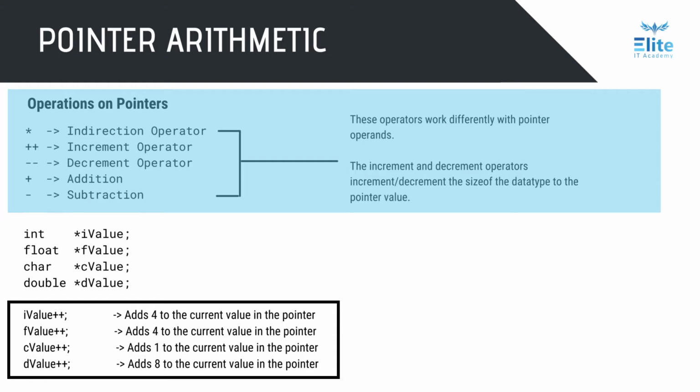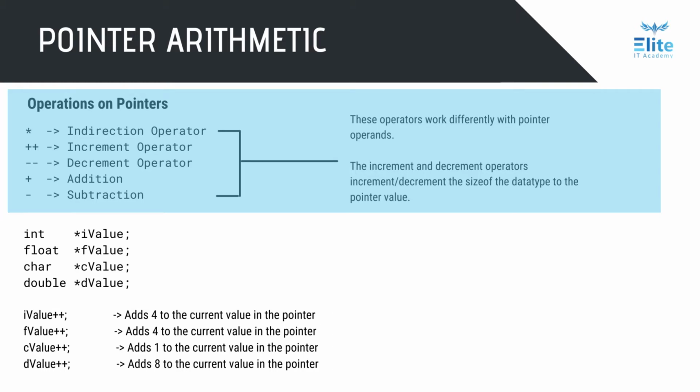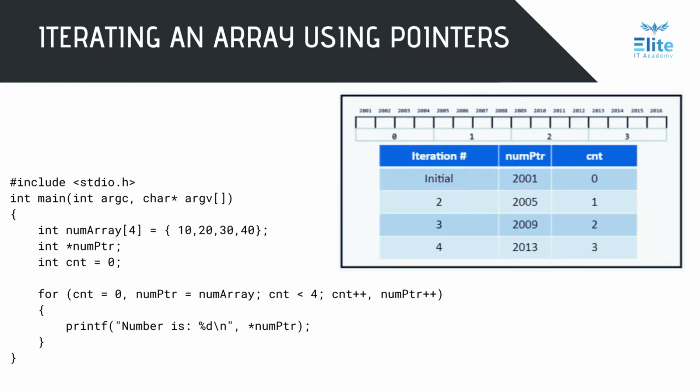For a double pointer, plus plus and minus minus will increment and decrement the value of the pointer by 8. For the char pointer, a plus plus or minus minus operator will increment or decrement the value of the pointer by 1. Thus, the pointer arithmetic will increment a pointer to point to the next value of the same data type in contiguous memory.